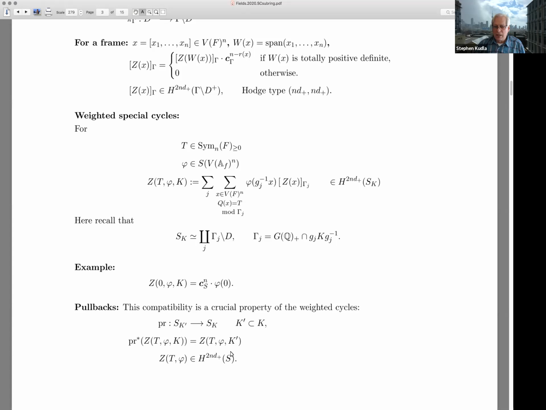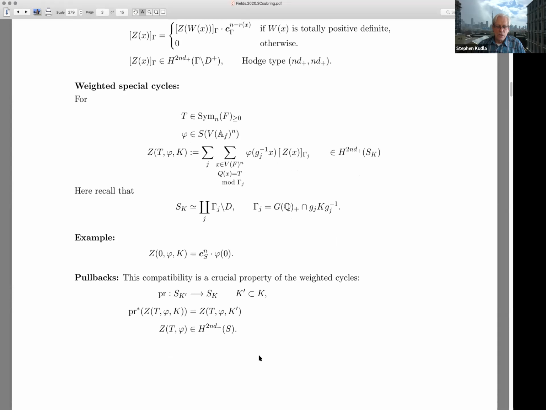In other words, the data T, φ is invariant. So these have beautiful properties under pullback. And so you can simply erase the K and define a class Z(T, φ) in the limit. So this defines an element in the direct limit, okay? So we get classes Z(T, φ) in the cohomology at overall levels. That's the main reason for passing to these.